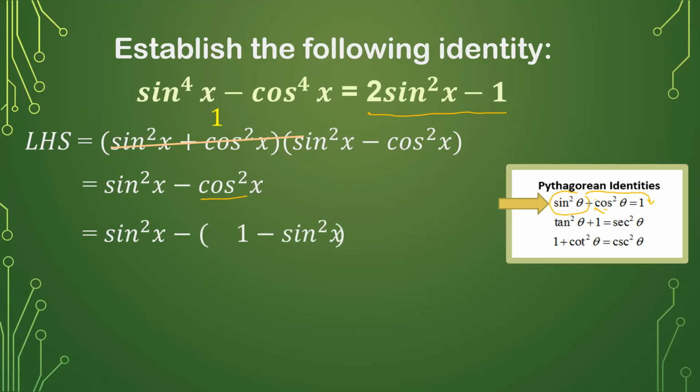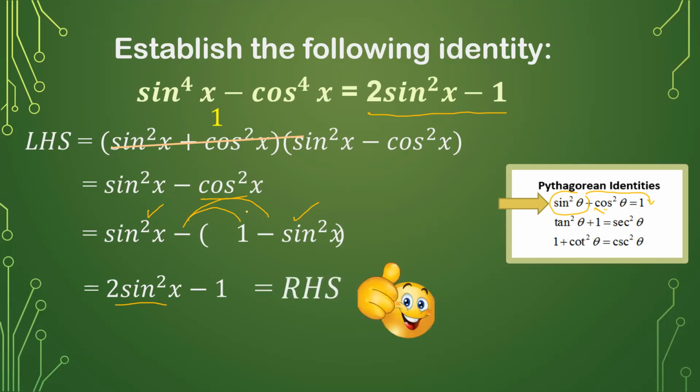Take note, it's preceded by the minus sign, so the grouping symbol is very important. When we remove it from the grouping symbol, this becomes positive. So sine squared plus sine squared will be 2 sine squared and then minus 1, using the distributive property. And that is equal to the right-hand side of our equation, or our identity rather. This one.